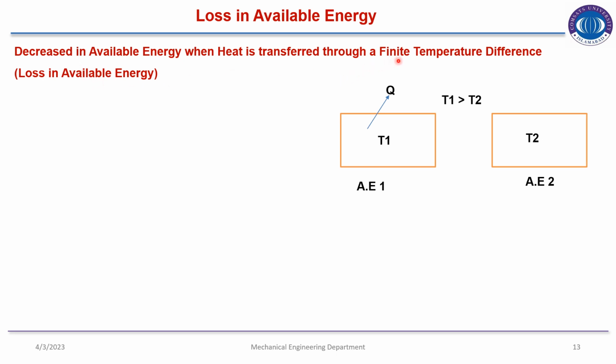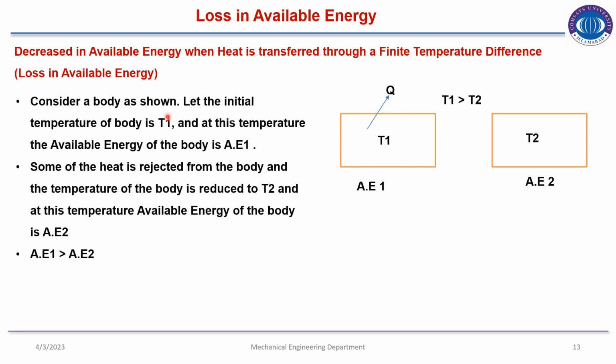And when we are talking about a finite temperature difference, it means we are talking about a body, so the temperature of the body will reduce. Here a body is shown.